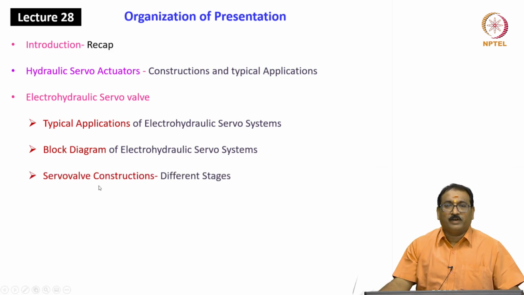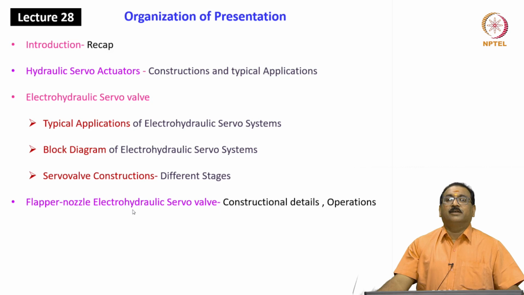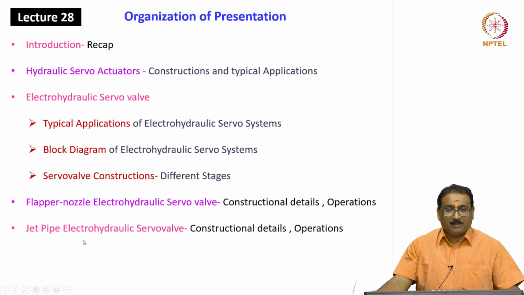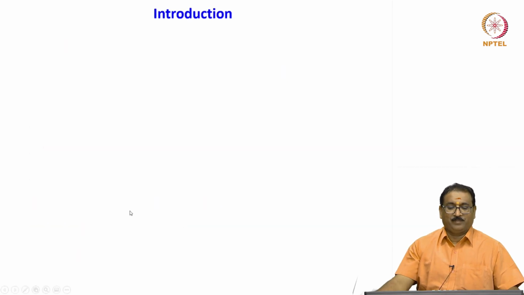Here we will see the different stages. Flapper nozzle electrohydraulic servo valve: we will see here constructional details, operations. Later we will move on to jet pipe electrohydraulic servo valve. Here also we will see the constructional details, operations. Finally, I will conclude today's lecture.